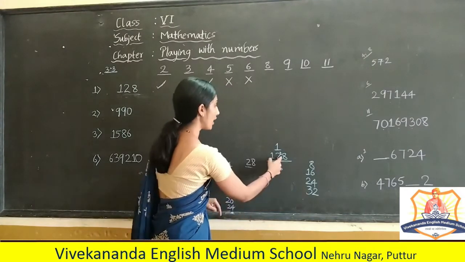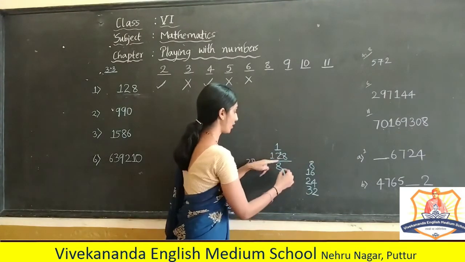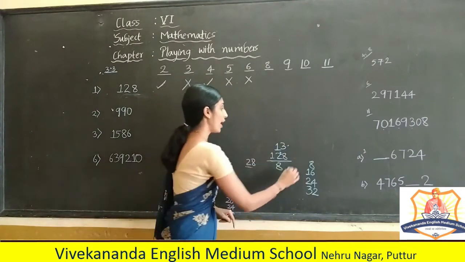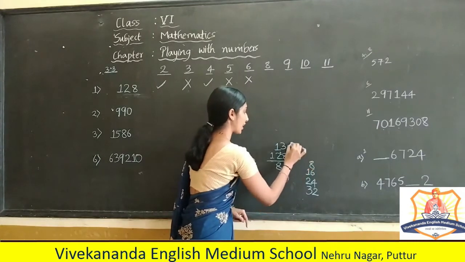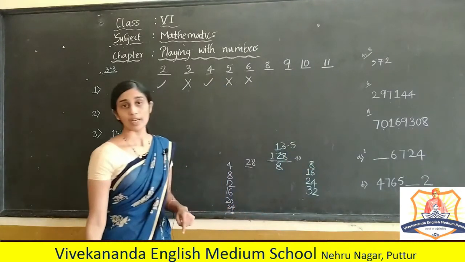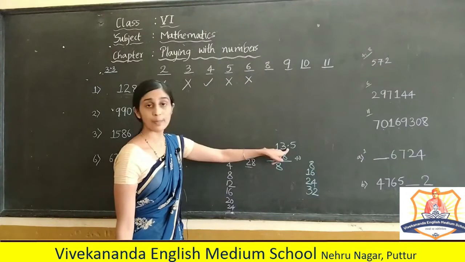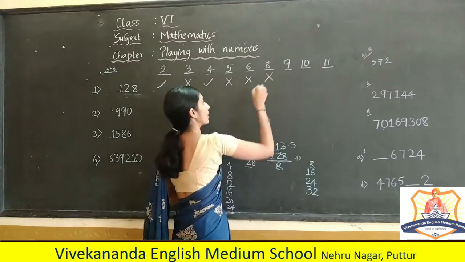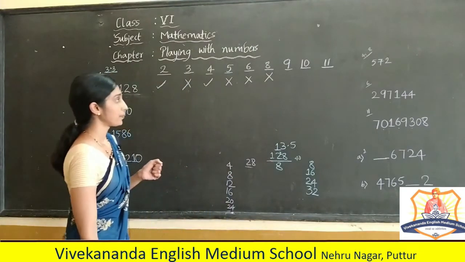Again we are getting a fraction here, right? So a decimal point, the given number is not divisible by 8.